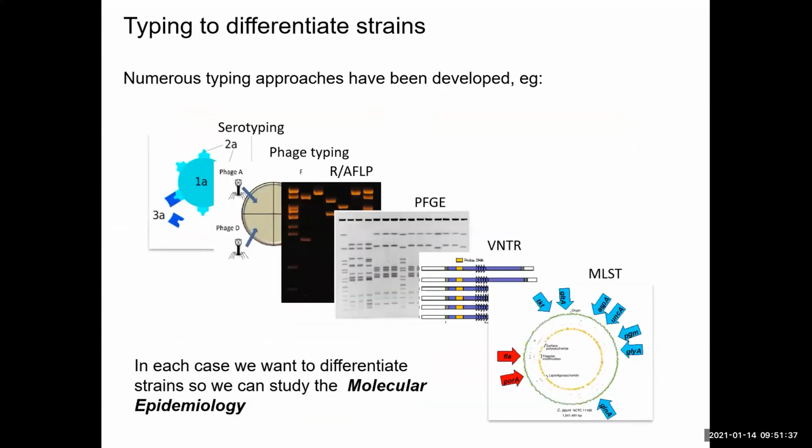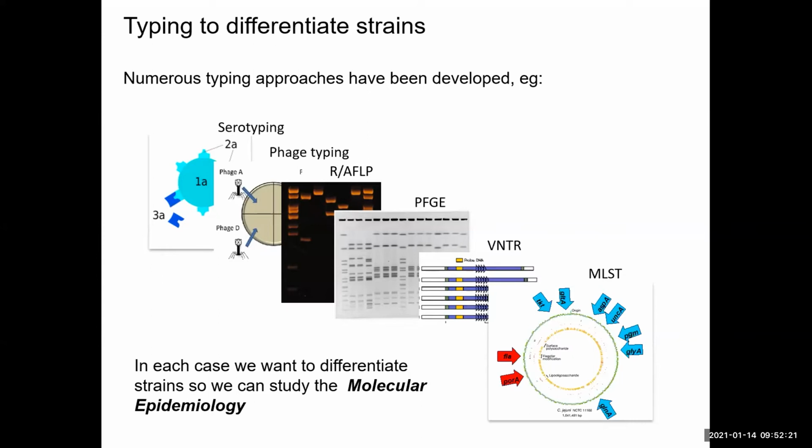There are lots of different typing schemes. Over the last 20, 30 years, various schemes have been introduced that help us tell the difference between strains of the same species. Some of you will be very familiar with these. There are antibody-based approaches like serotyping. There are phage sensitivity approaches, phage typing. There are approaches that extract the DNA from a potential pathogen and run it on a gel, like restriction or amplified fragment length polymorphism or pulse field gel electrophoresis.